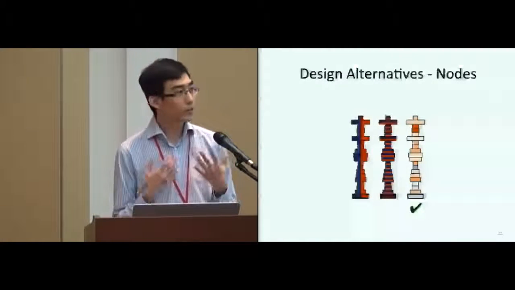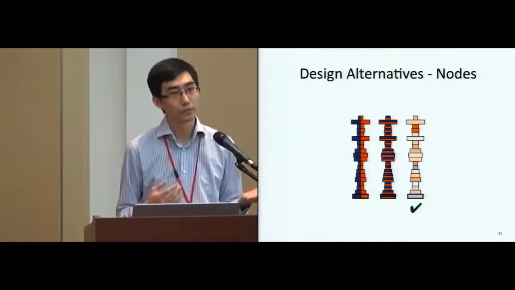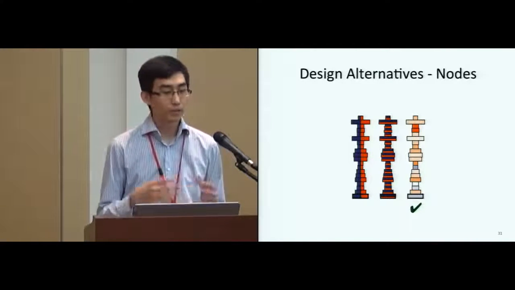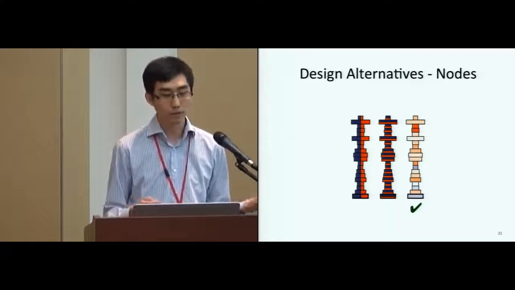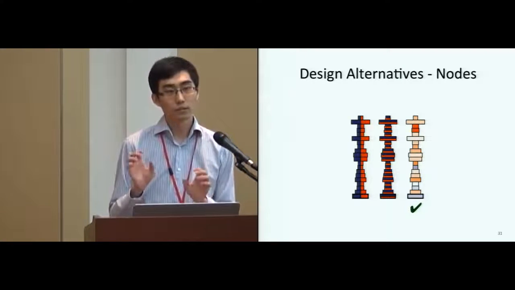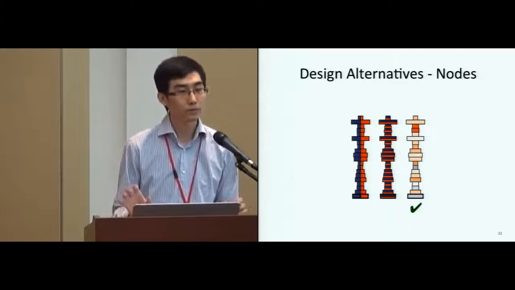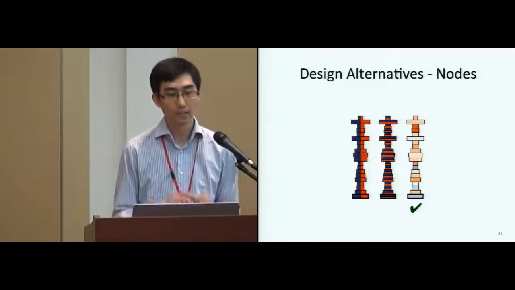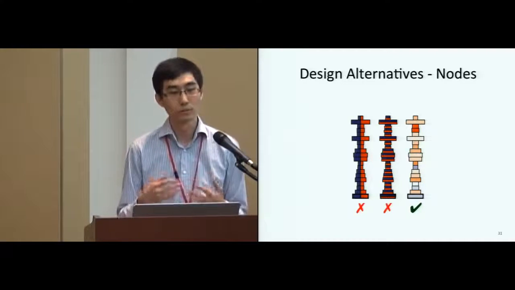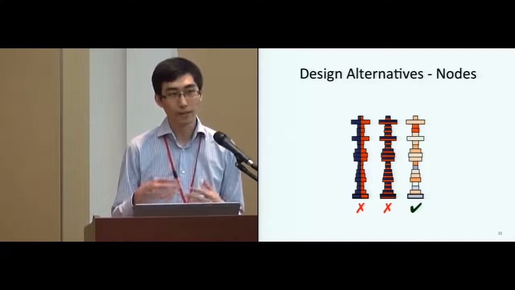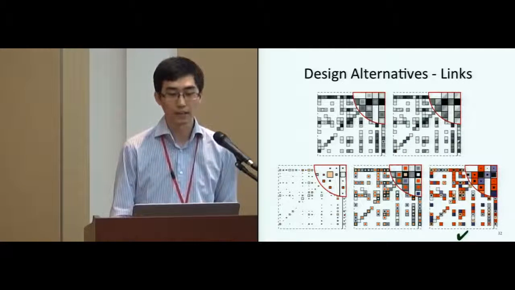Before we came to this final MatrixWave design, we tried different design alternatives. For example, for nodes, one approach is to use two bars to represent the two values from the two data sets and place them side by side. However, it's not very easy to do the comparison, compared to explicitly encoding it in color.